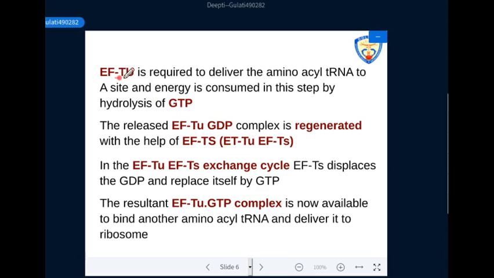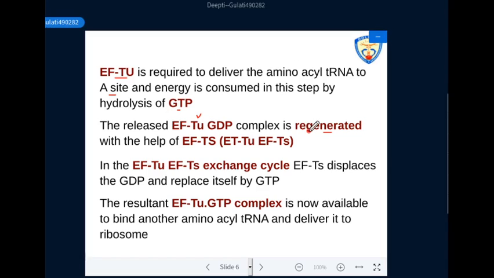So EF-Tu, as I've described, is required to deliver the aminoacyl transfer RNA to the A site. Energy is required, and that energy comes from hydrolysis of GTP. The released EF-Tu GDP complex has to be regenerated. That is, EF-Tu GTP is required back to bind to another aminoacyl transfer RNA.